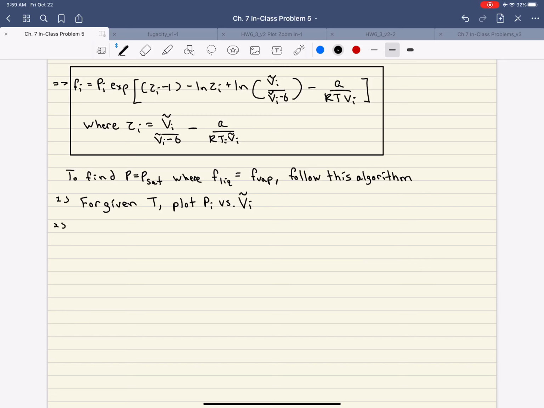Based on this plot, you can look at the region in which the pressure corresponds to multiple volume values, and that indicates a region where it's possible for the liquid phase to be in equilibrium with the vapor phase. That will give you an idea of a good guess for the Psat.